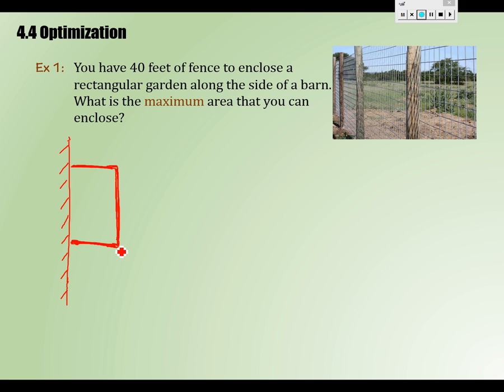Open the discussion at your table to make sure that we got a solver. L times W. We can consider what happens if, let's say, the width is 0.